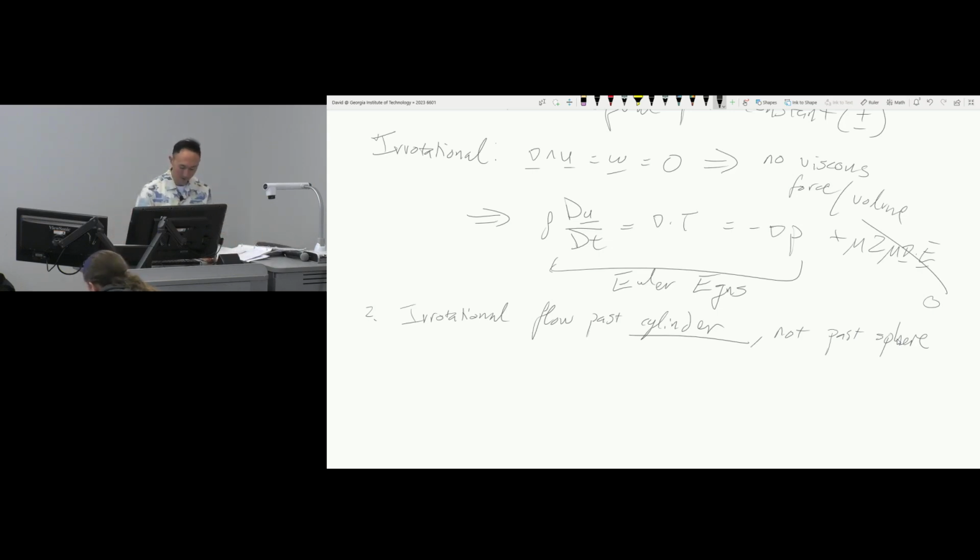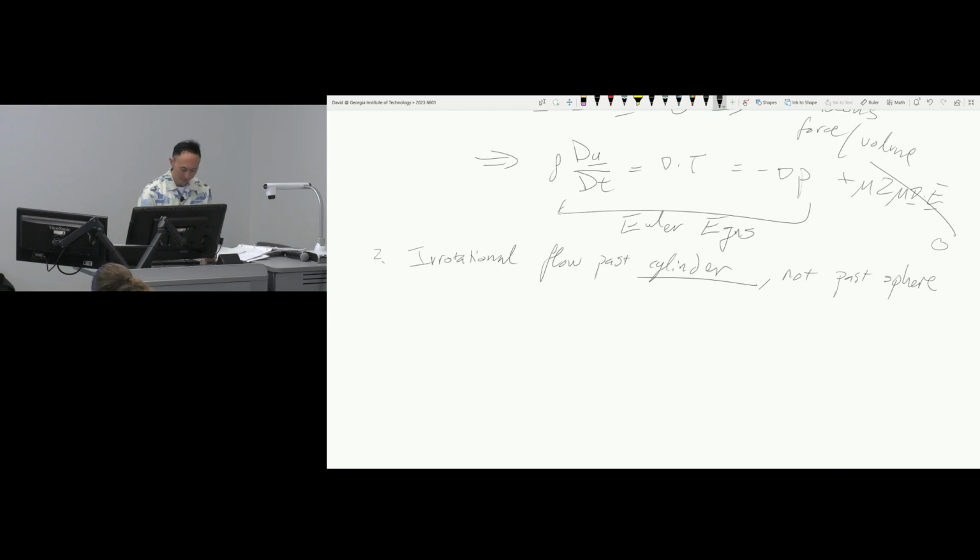Let's draw a little diagram here. So, cylinder here. We're going to superpose a uniform flow and a uniformly translating cylinder. So we'll have a uniform flow going in this direction, U naught, and the cylinder going in this direction, U naught.